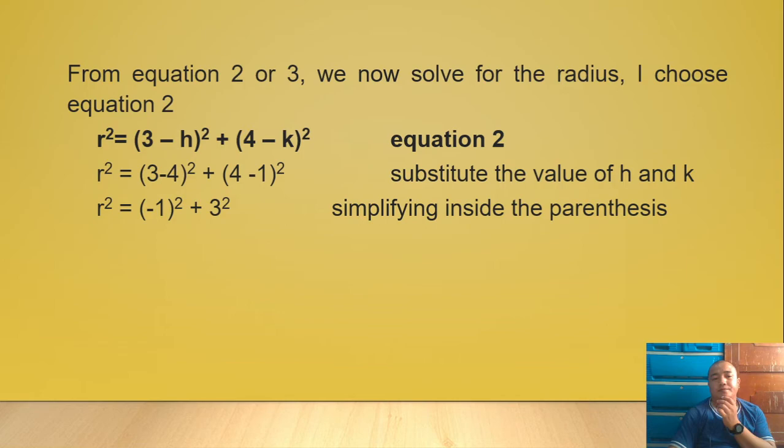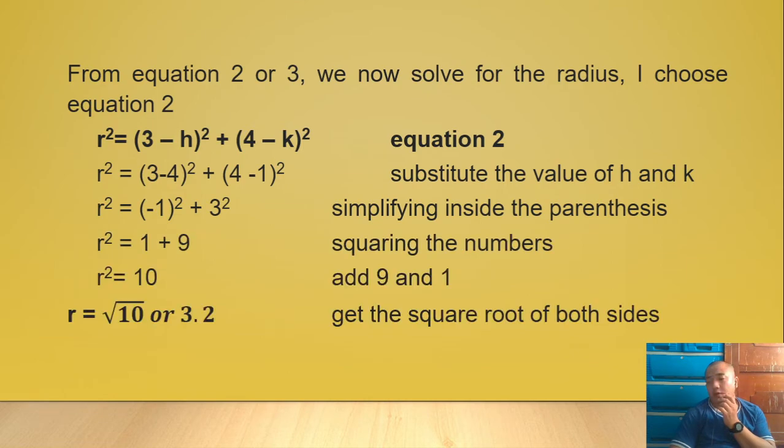And solve for the value of r: r is equal to square root of 10, or 3.2. Yan. So therefore the center of the circle is at (4, 1), while the radius is 3.2.